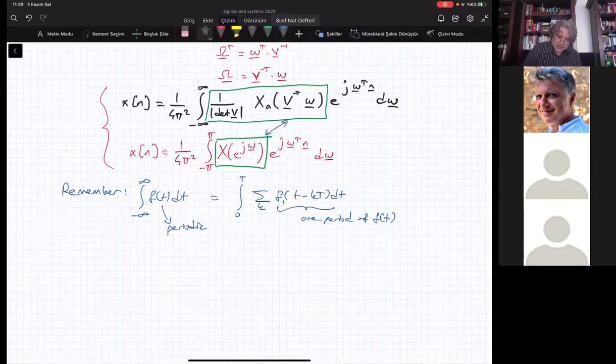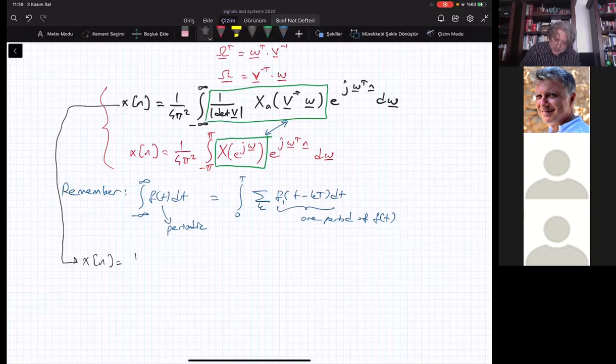We will write now x of n. I'm taking the first equation, not as an infinite summation. With a 1 over 4 pi square, it's still there. But I will write the integral as in one period from, let's say, minus pi to pi. And 1 over absolute determinant of v times summation over k.